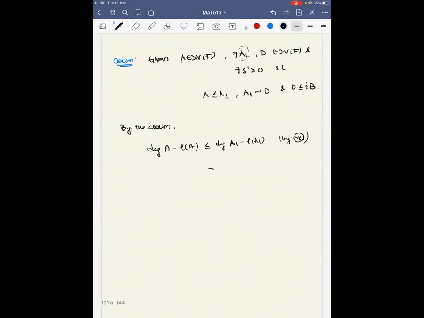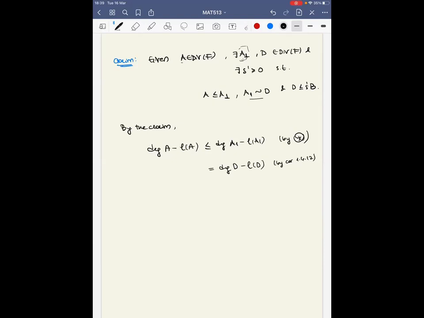And if such a divisor D exists which is equivalent to A1, we know that their degrees and the dimensions are also the same by corollary 1.4.12.